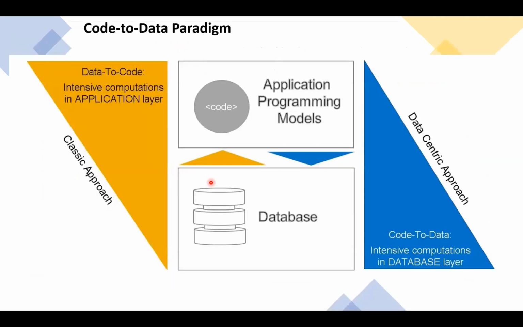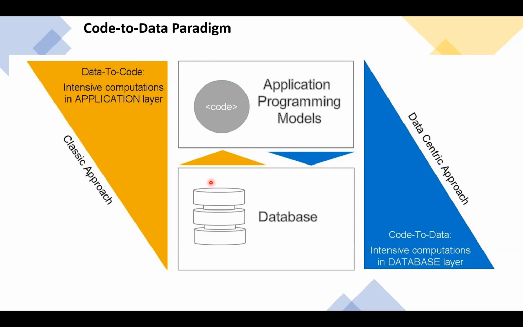So I'm moving forward. This is what we call the code to data paradigm. This code to data paradigm is simply against the principle we were following in the past.